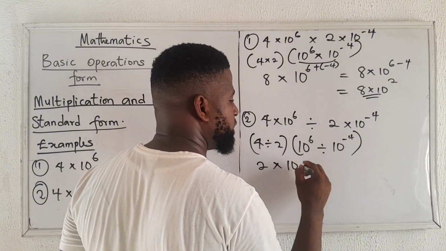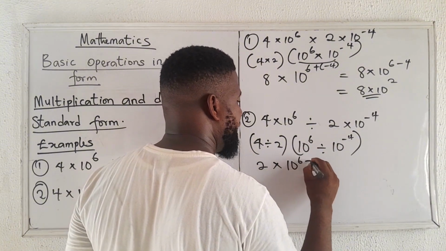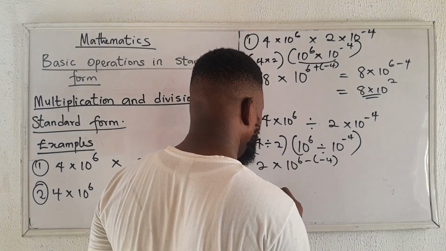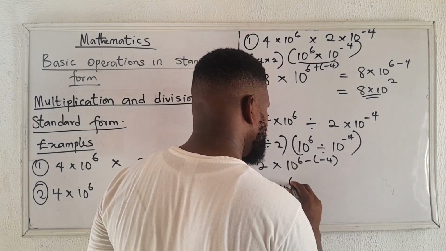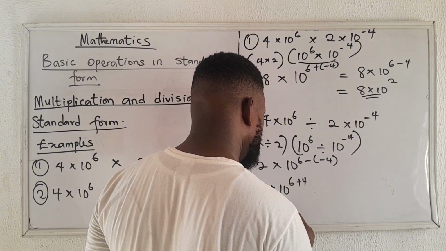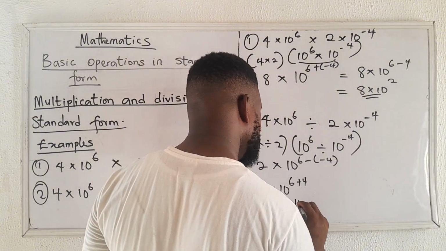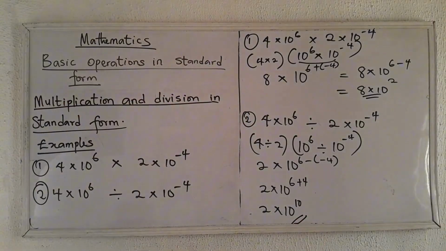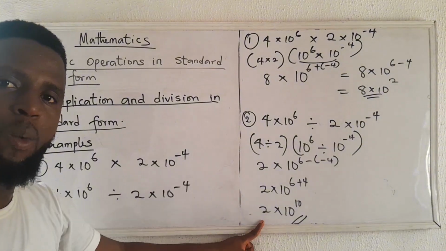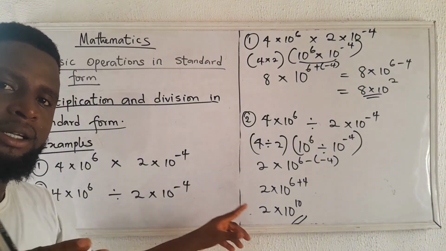We have, according to indices, division change to minus. We have minus, and then, of course, minus 4. And this gives us 2 times 10 raised to the power 6. Minus times minus is plus 4. So that this gives us 2 times 10 raised to the power 6 plus 4 is 10. And this is your answer. Now, it is a correct standard form because 2 is greater than 1 and it is less than 10.